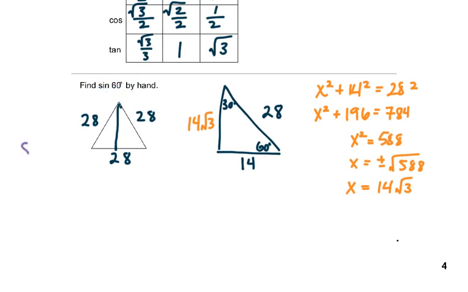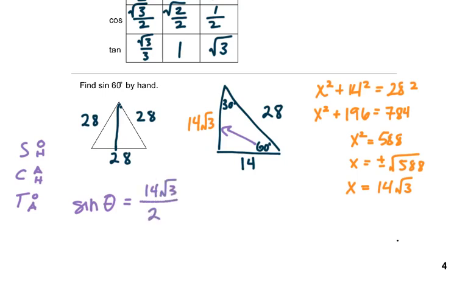Sine, what is it? Okay, here we go. SOHCAHTOA. Opposite over hypotenuse. So 60 degrees. What is opposite 60? 14 root 3. What is the hypotenuse of this triangle? 28.